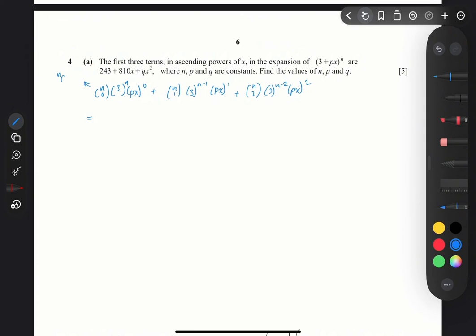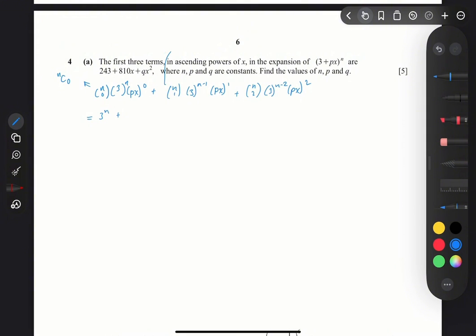nC0 is 1, so it'll be 1 times 3 to the power of n, and anything to the power of 0 is 1 as well, so it will just be 3 to the power of n.